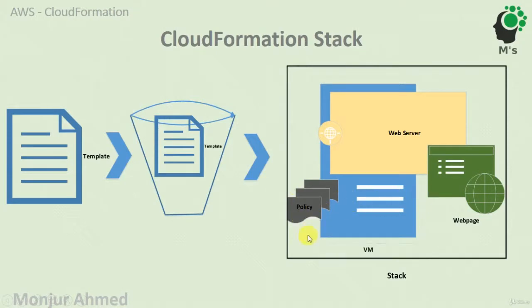And so this whole collection that is deployed, because before we came to this point it was just a template file, but now things are being actualized. So we actually have the different things, resources, policies, and services that we defined in the template file. All these things that are actualized, that are deployed from a template file, are thought of as being in a confined area, which is known as a stack.